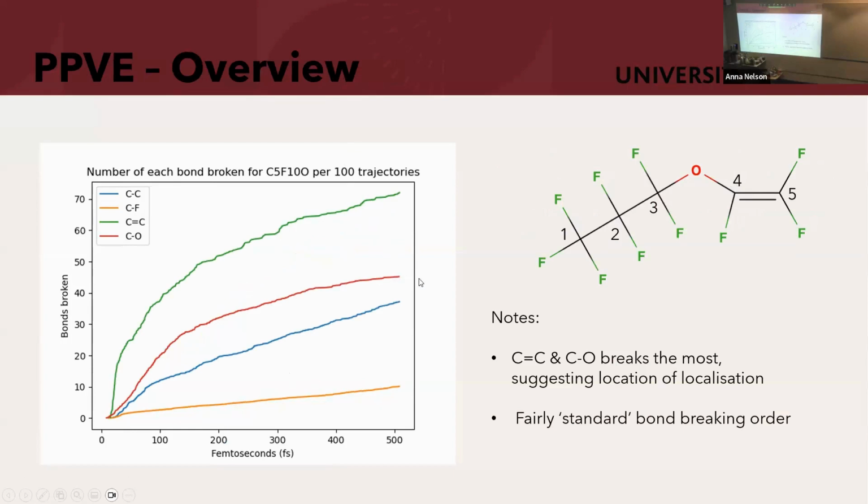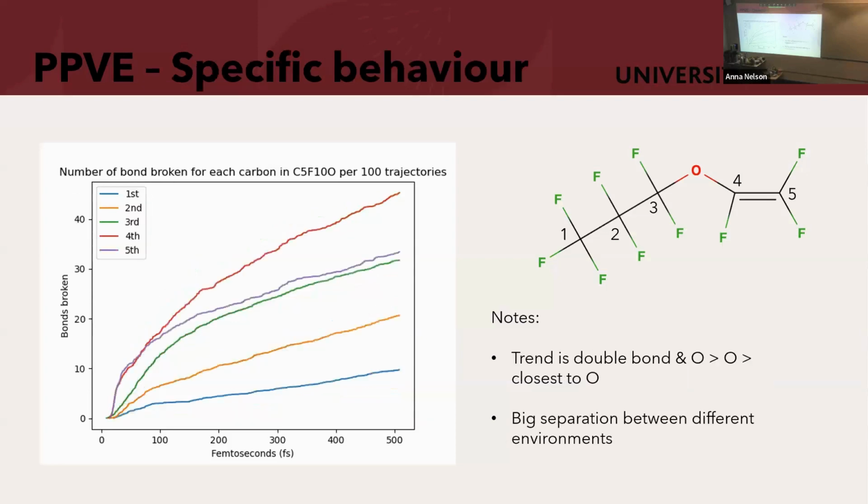And because we have the coordinates throughout everything, this is a general picture of bond type, but we can look at each individual carbon to see which carbon experiences the most bond breaking. And if we do this, we find that the carbon attached to both the double bond and the oxygen experiences the most.